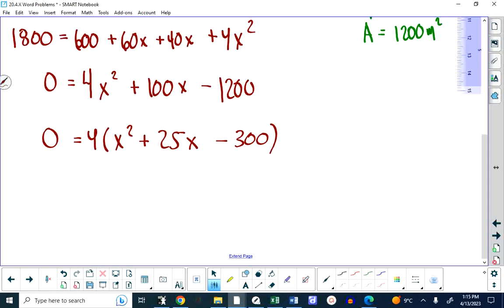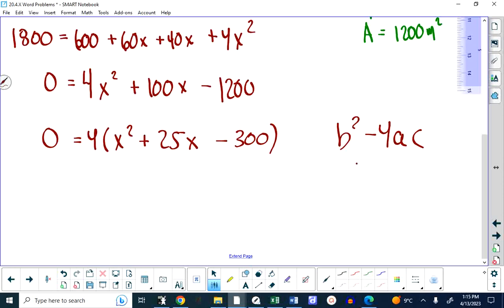Is this factorable? Well, let's do our b squared minus 4ac test. You're going to take 25 squared minus 4 times 1 times 300. I want to say 1,825. Okay, that's right. I don't believe 1,825 is a perfect square.